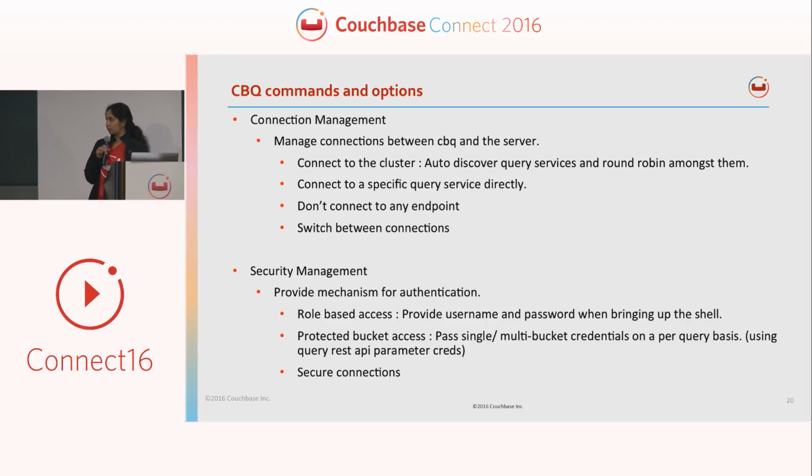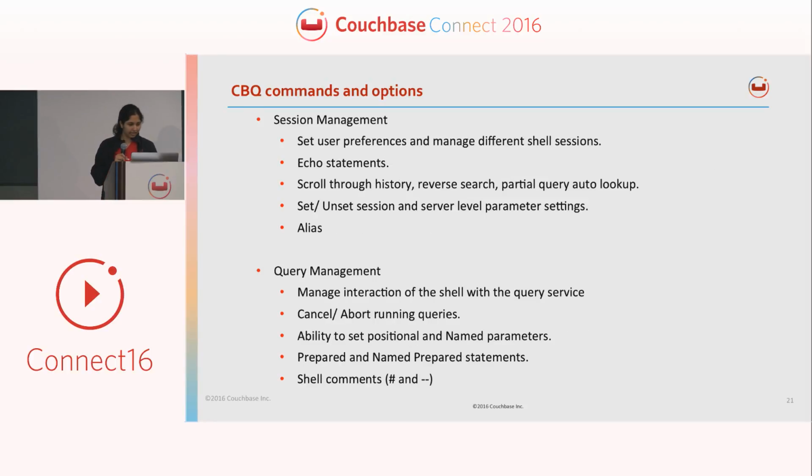You can also provide bucket credentials using the creds REST API parameter. And basically, you can provide a lot of different things using our set and unset commands, but we'll go over that in a little bit. You can also have secure connections, because we have support for secure connections, so HTTPS, basically.